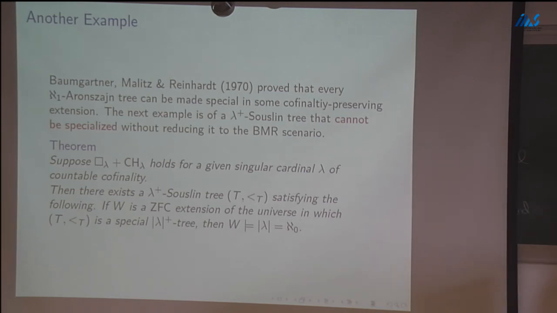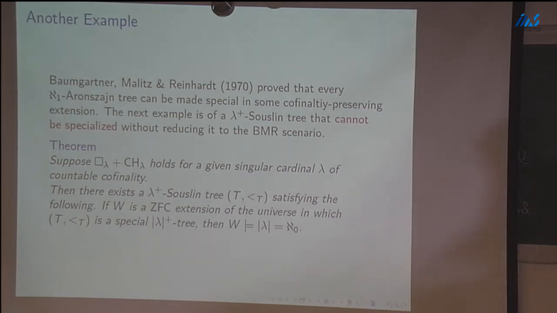We can get a Souslin tree satisfying the condition that for any ZFC extension in which the tree becomes special, we must have collapsed the cardinal lambda down to Aleph 0. This is just an example of one of many things, the point being that we used the proxy principle in order to do this construction and derive this result.